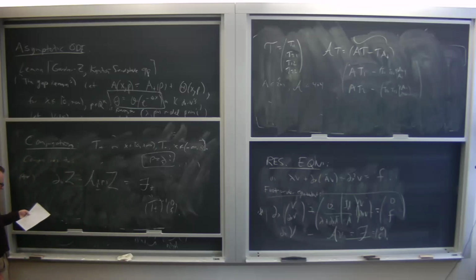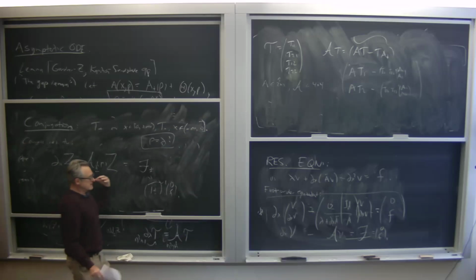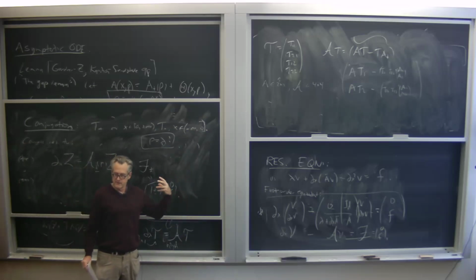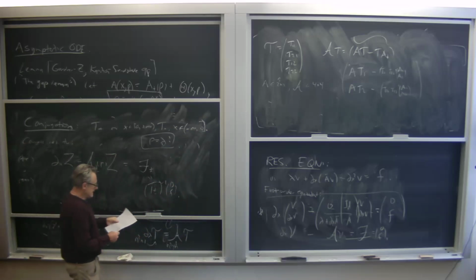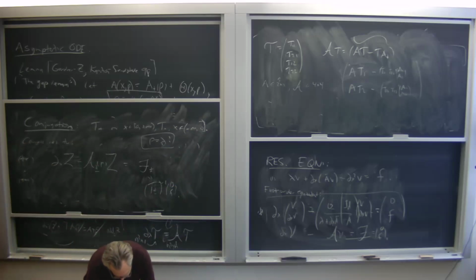Now we have star star, but then we also have a very important fact. We solved the equation on two half lines, but then we have to connect it. So it's important that we require the matching condition.